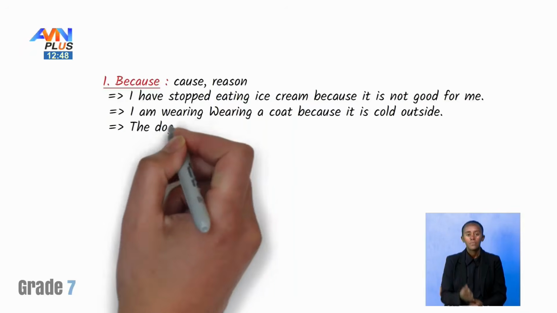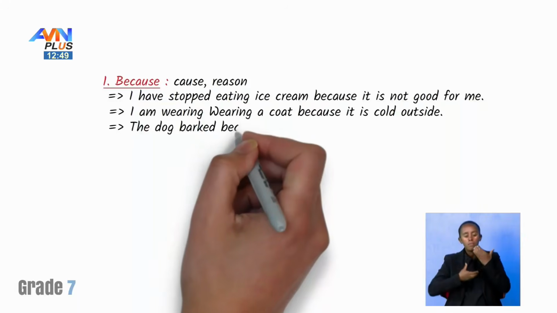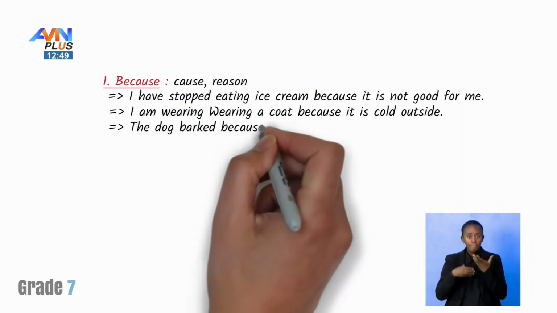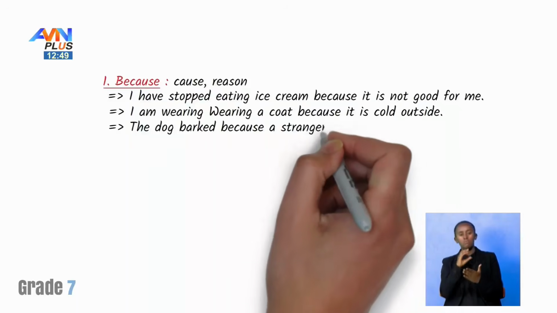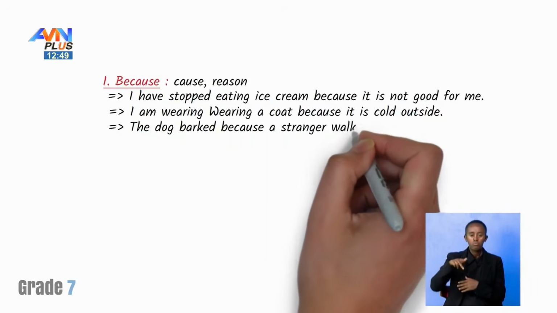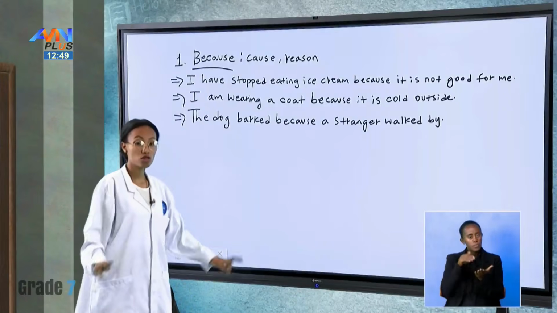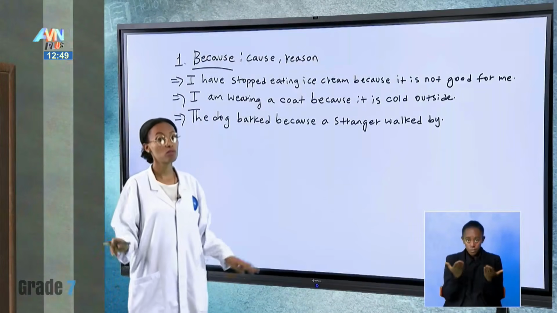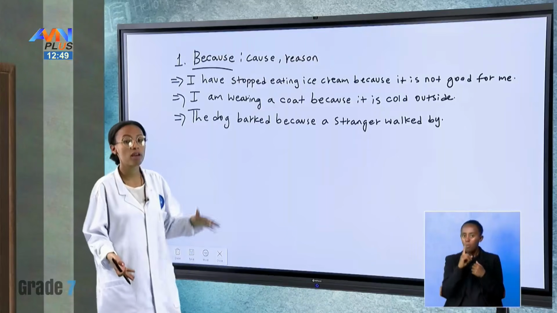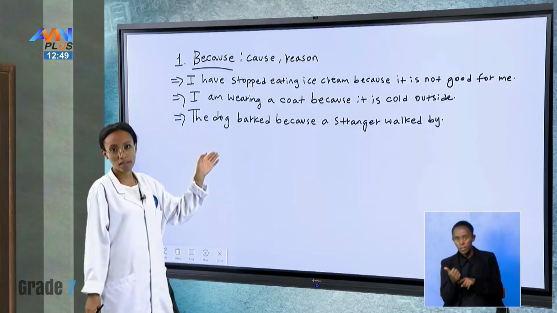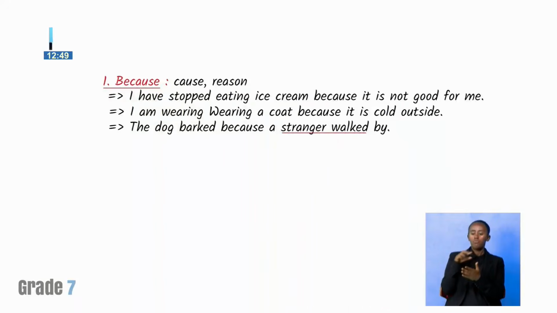The dog barked because a stranger walked by. So again, two things happened, but the two of them have a connection here. One of them happened because of the other. Why did the dog bark? Because a stranger walked by.